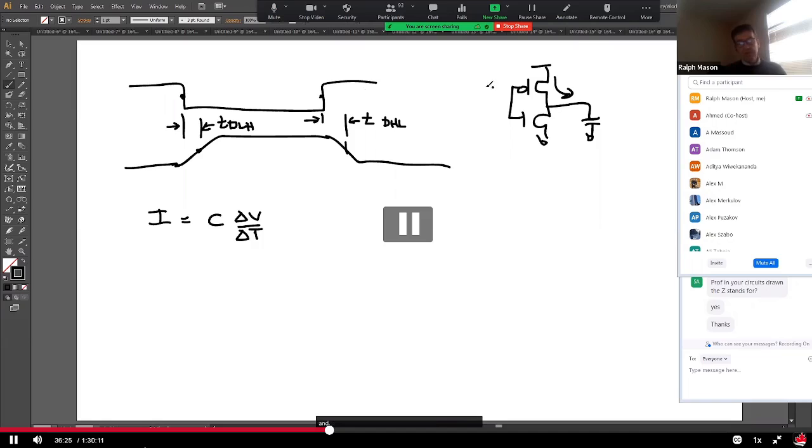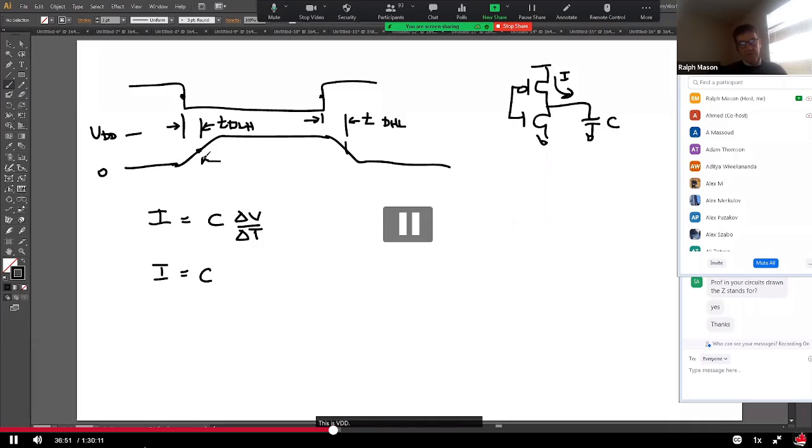And in this situation, I'm going to call this my capacitance here, and this is the current my inverter is going to provide. And let's say I'm normally charging up to VDD, right? So in my case here, I can say I equals C. Now the delta V I'm trying to measure here is VDD.